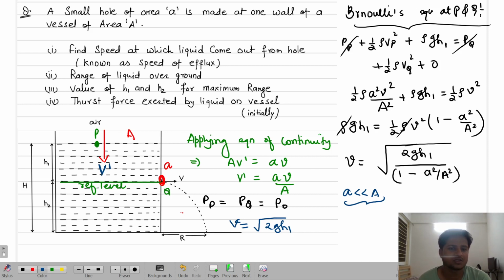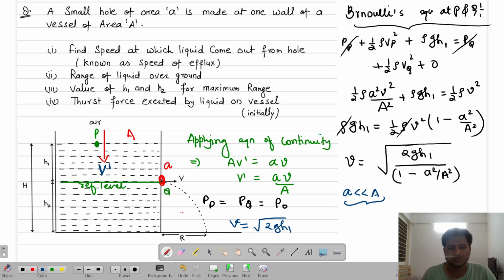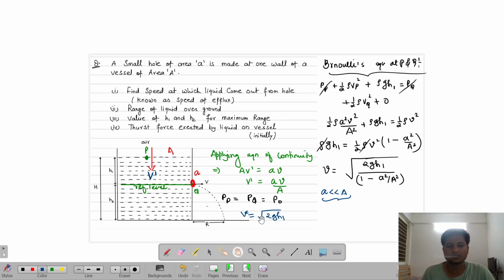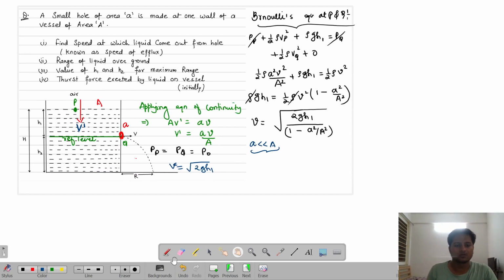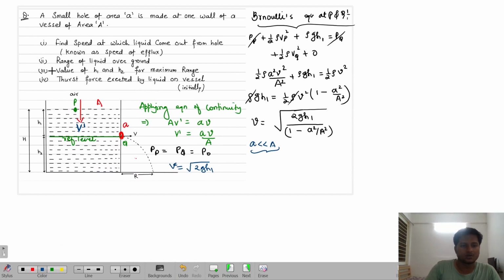Second question is range of liquid over ground. So the range is velocity into time.